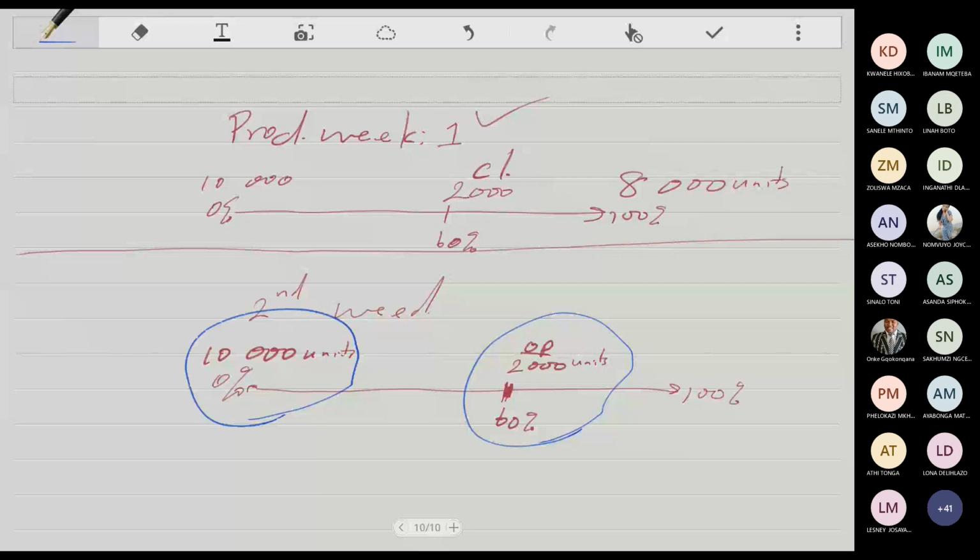That is still correct. We can start with the 10,000 units or the 2,000 units. To the point that we said, let us be flexible in this. Let's allow the companies to decide on their own which units they wish to start with.